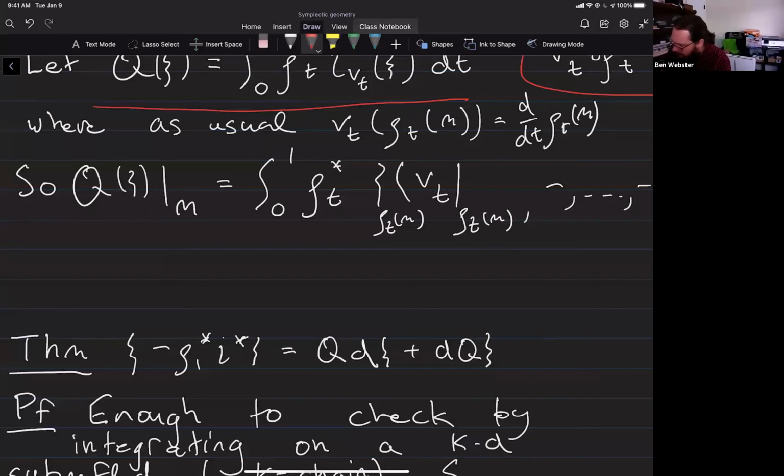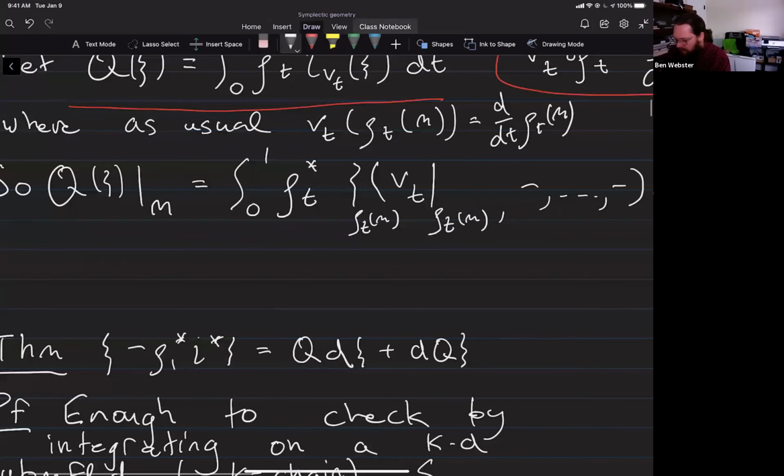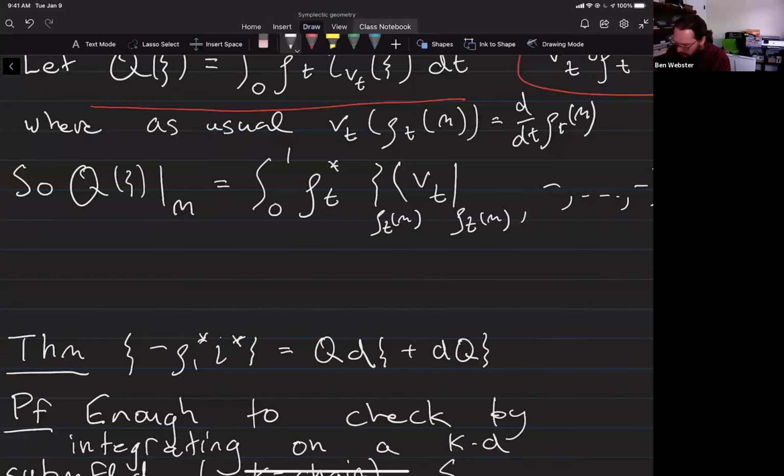So what I'm getting here, I wrote in the underlying point to emphasize what's going on. I want to find the value of this form at m. So this is a k-1 form on m if C is a k form.